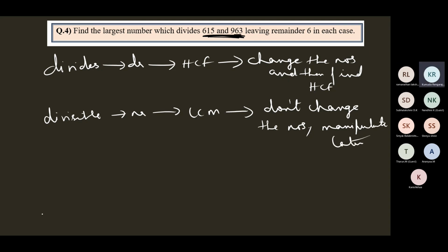So from that, it's clear that since you have to find the HCF here, take 615 minus 6 and 963 minus 6. Now you will get two new numbers. You must find the HCF of those two new numbers, and that is the required number. The word is divides, and divides means HCF, which means you should change the numbers.